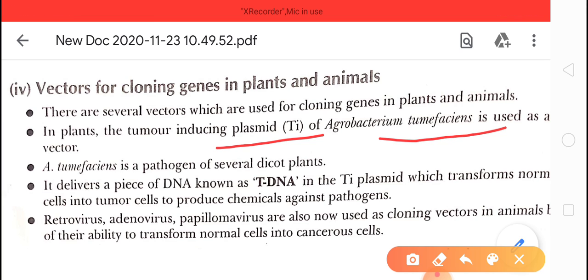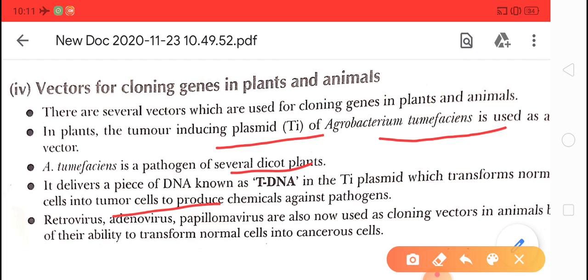Agrobacterium tumefaciens is a pathogen of several dicot plants. This pathogen is responsible for converting the normal cell into the tumor cell.